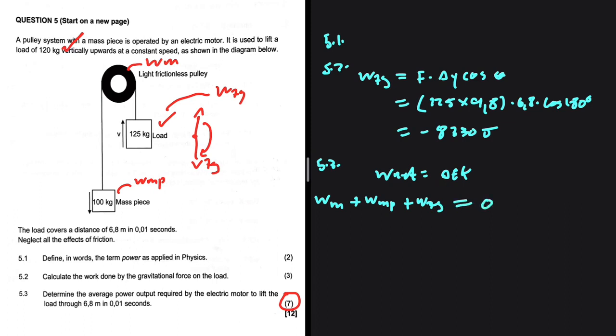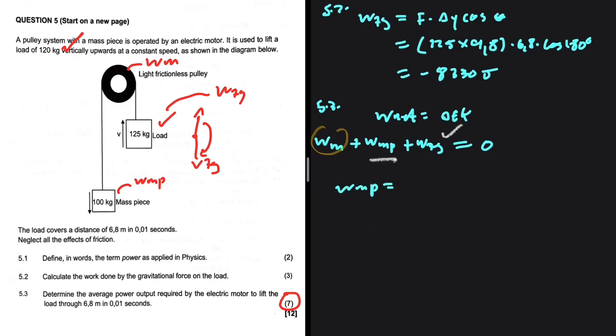We want the work done by the motor. We have the work done by Fg on the load. We just need to find the work done by the mesh piece. Let's find the work done by the mesh piece separately. The work done by the mesh piece will be equal to F, which is gravitational, 100 multiplied by 9.8.